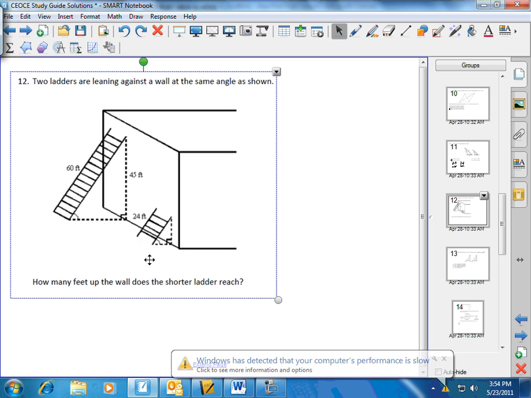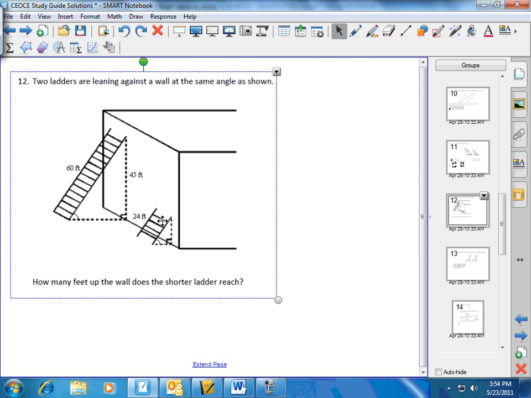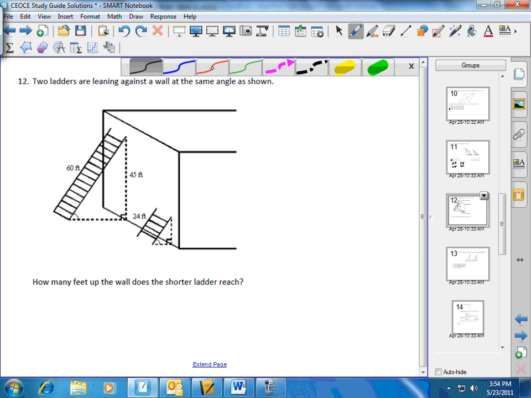That means that we can set up a proportion with ratios of corresponding sides and solve for the unknown, which is, I'll put an H for height. We're looking for H. So let's find a pair of corresponding sides where we know the length of each, and that would be the ladder lengths, the hypotenuses.